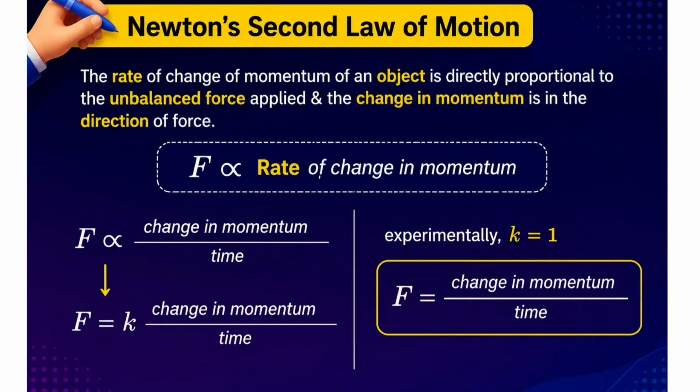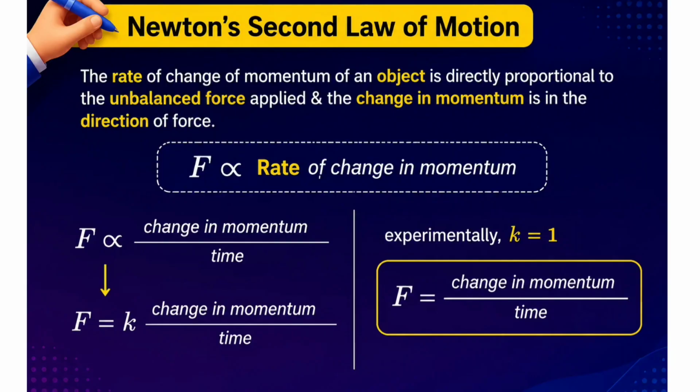Now, let's convert this proportionality statement into a proper equation that we can use to solve numericals. Look at the step on the left side of your screen. Rate of change in physics always means dividing by time. So we can rewrite our relation as force proportional to change in momentum upon time.